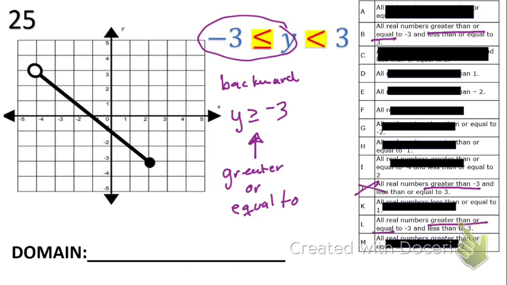So we have B or L. So what is this symbol saying? This one is just saying less than. This says less than or equal to, so not it. This one says less than 2, less than 3. So the answer for the range is letter L.